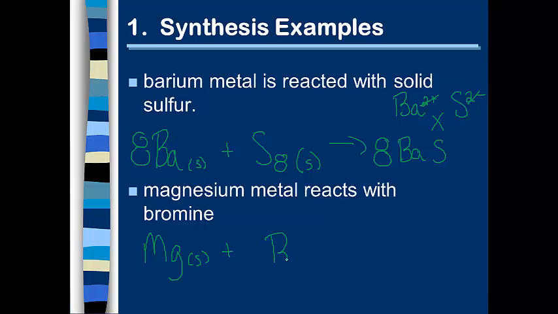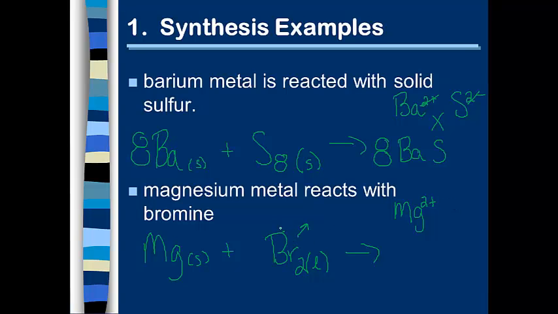We're going to react it with bromine. Now if you look at the periodic table, bromine is one of the only elements that's a liquid at room temperature. But bromine is also part of the Hunkel five, so it's Br2. Now when we predict the products, we've got to think about the ion charges. And if you're awesome at ion charges, don't worry about writing it. Everyone else, which is most of us, take the time to write them out. Magnesium's a group 2, so it's always going to be 2+.